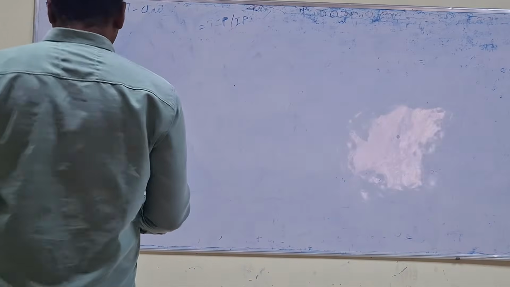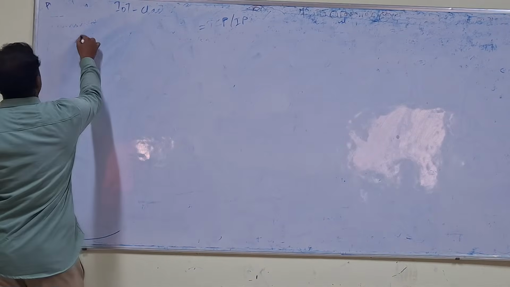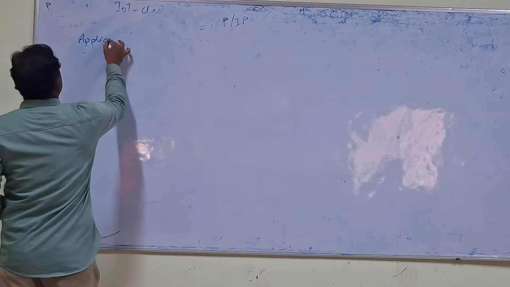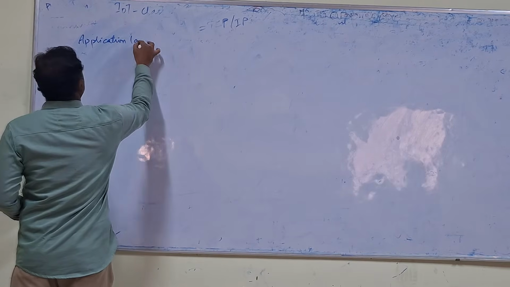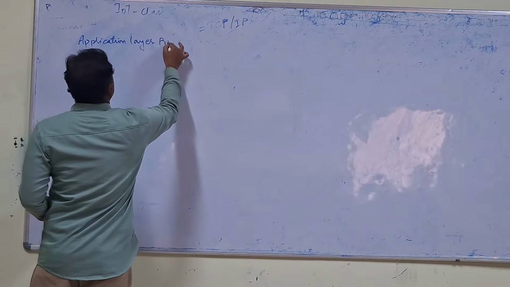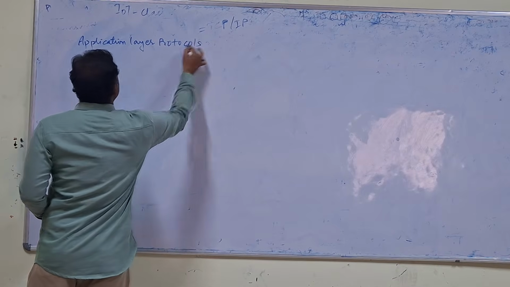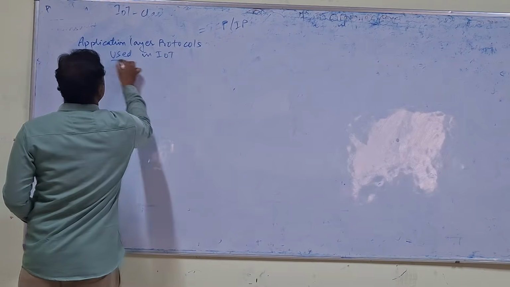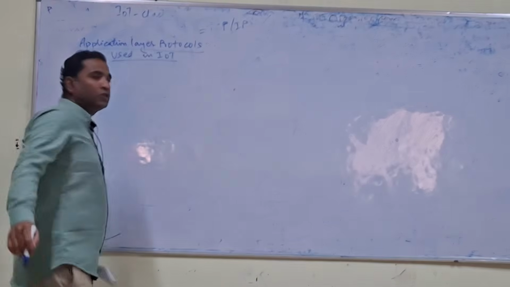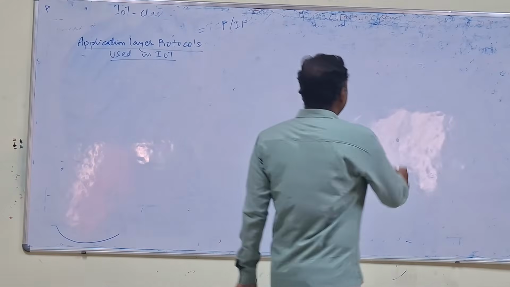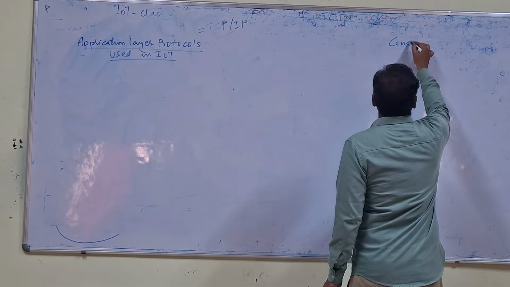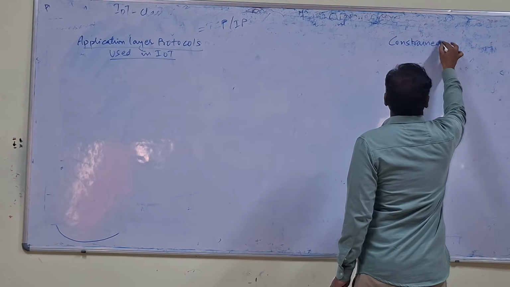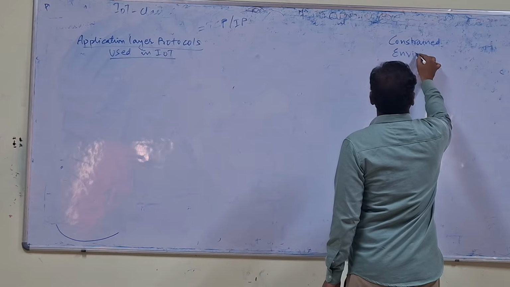So, our heading is application layer protocols used in IoT. The first thing we should keep in mind is constrained environment.